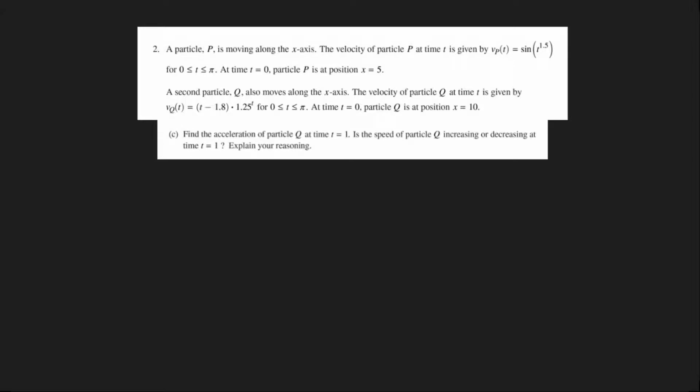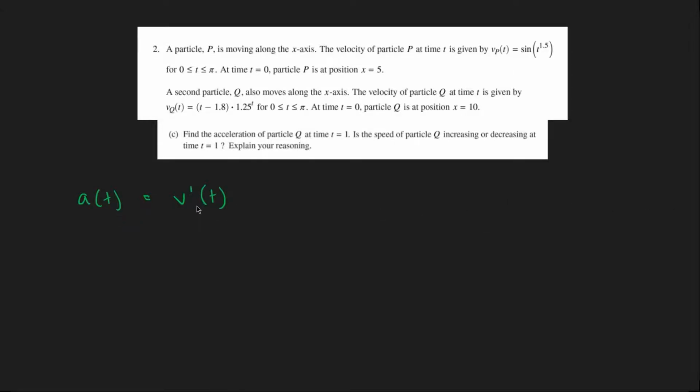So let's just write that out here. The acceleration is going to be equal to the velocity prime. And writing this out will tell the AP graders that you know that the derivative of the velocity is acceleration, so this will earn you a point.